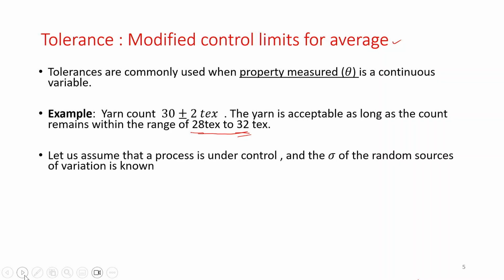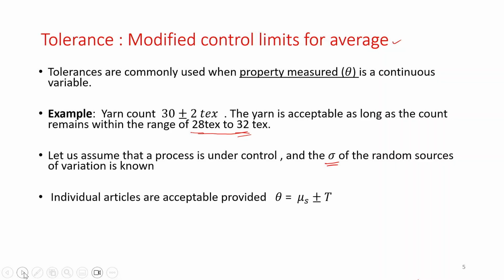Let us assume that a process is under control and the sigma of the random sources of variation is known. That is, the variability is also known to us, how much it will vary when the process is under control. So individual articles will be accepted as long as the parameter theta remains within this range, mu s plus minus t.